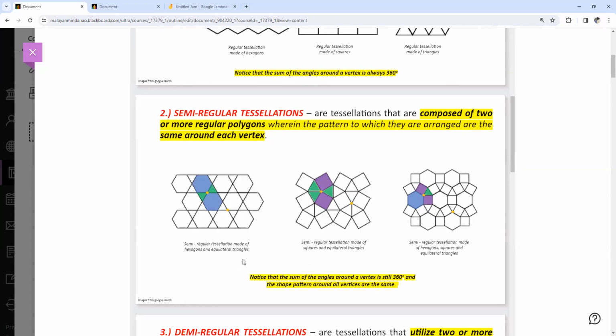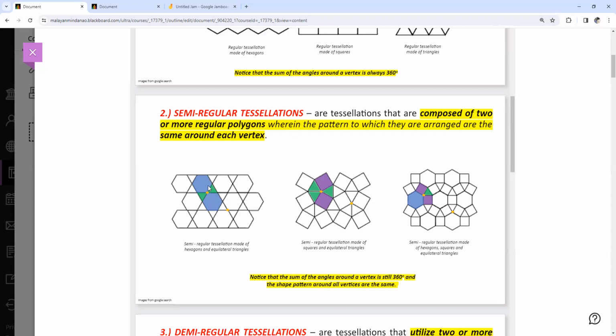Semi-regular tessellations, so they're not regular, but they are tessellations that are composed of two or more regular polygons, wherein the patterns to which they are arranged are the same around each vertex. So you can think of vertex as intersections of lines. And if you look at the yellow dots here, these are examples of vertices.